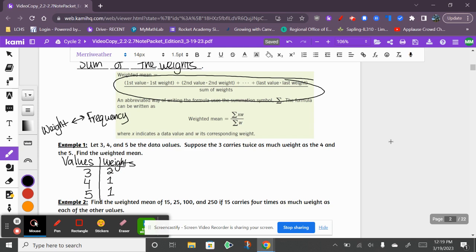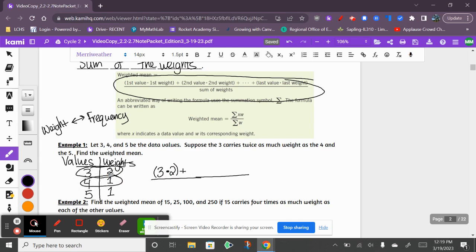So we're going to do our setup, which is to take the first value times its weight. So I'm going to create a fraction bar. On the top, the first thing I'm going to multiply together is the first value times its weight. So I'm going to do 3 times 2. Then I'm going to add the second value times its weight.